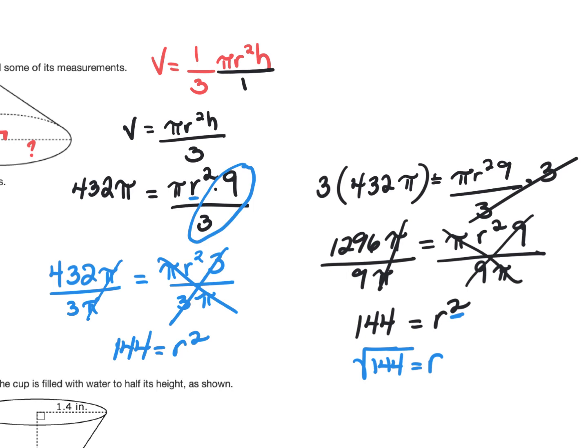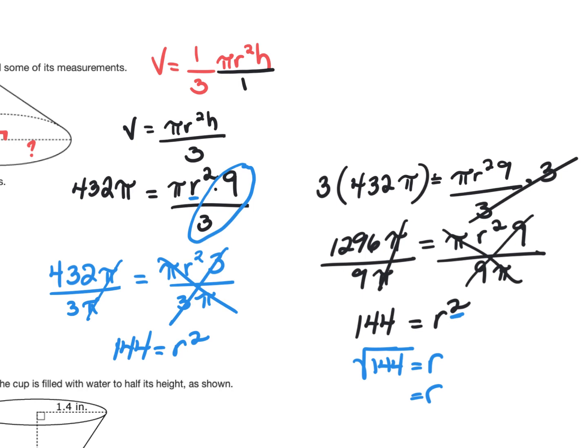Now, even if you didn't remember to take the square root, if you look at r squared equals 144, we're looking for a number. And this is exactly what a square root asks: what number times itself gives me 144?